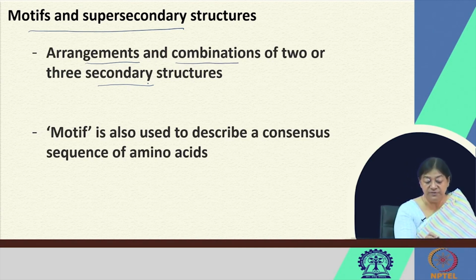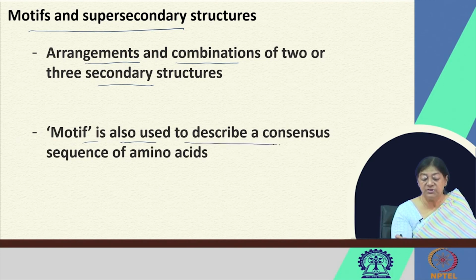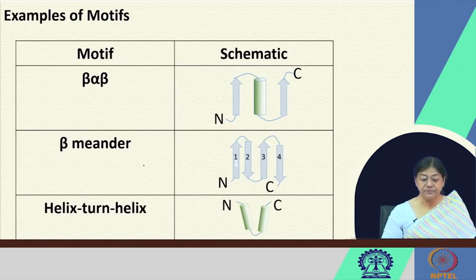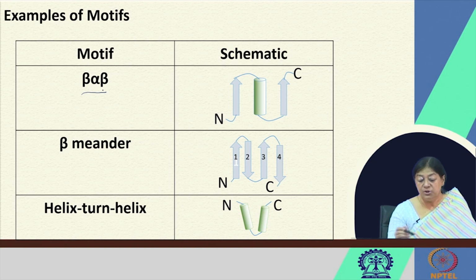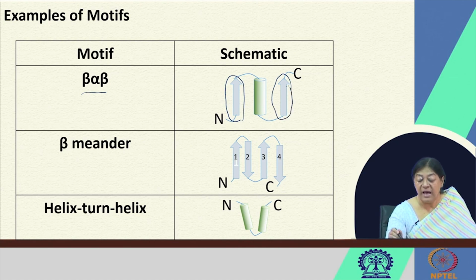This motif is used to describe a consensus sequence of amino acids. For example, a motif called a beta alpha beta. We have a beta strand here, we have a strand here, and in between we have an alpha helix. So, this is a motif.